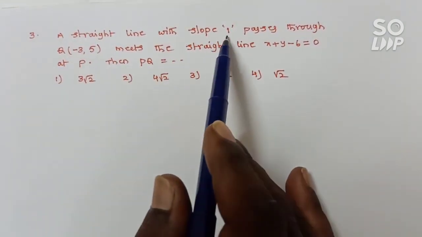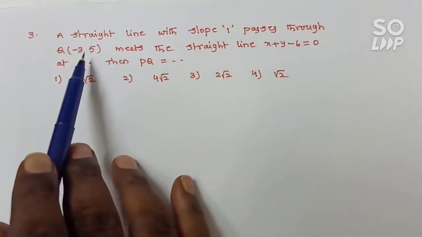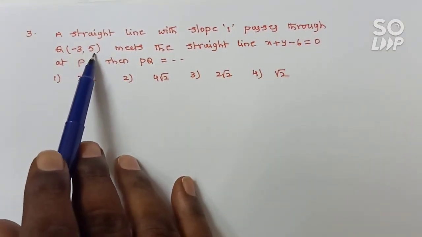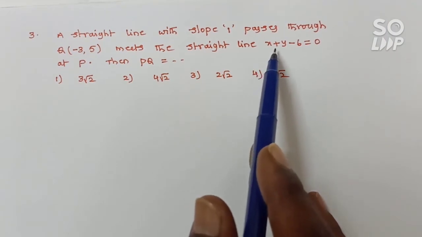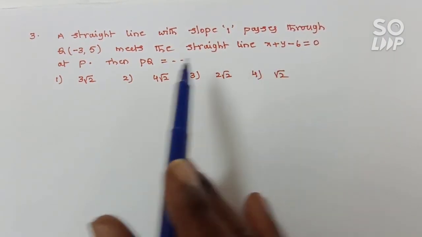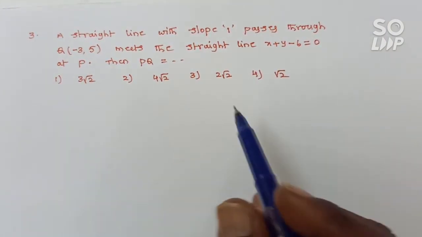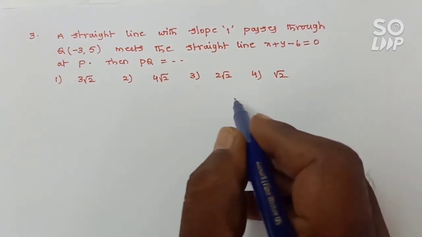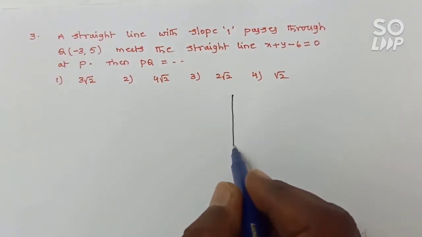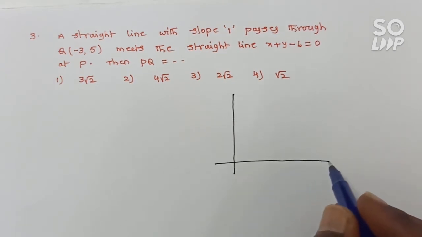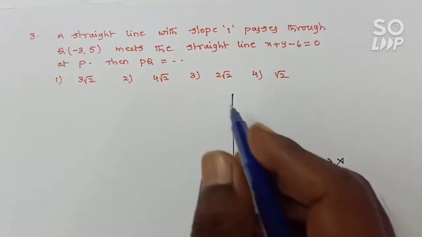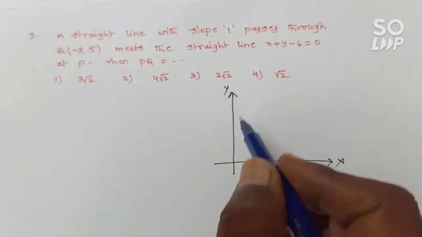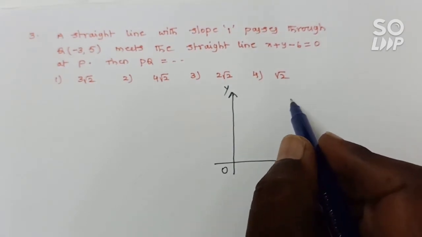A straight line with slope 1 passes through the point (-3, 5) and meets the straight line x plus y minus 6 equals 0 at P. That means you draw the figure. First of all take the xy plane, this is the x-axis and this is the y-axis, and this is the origin.